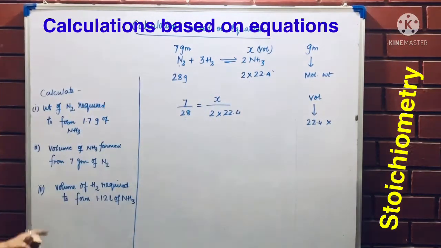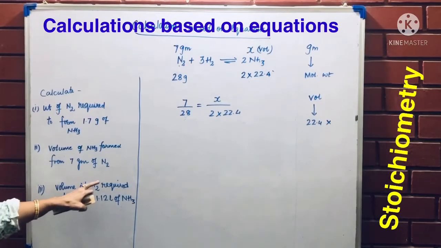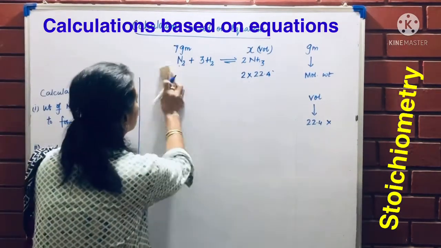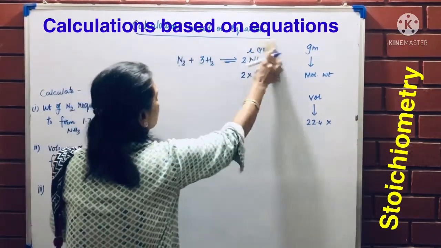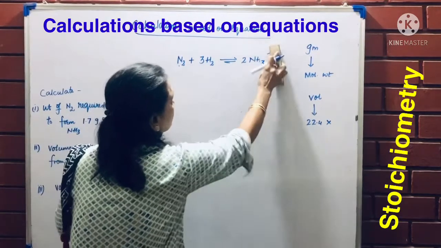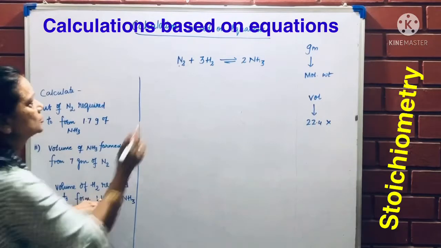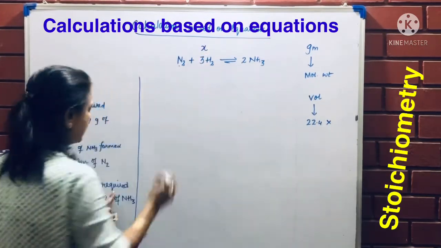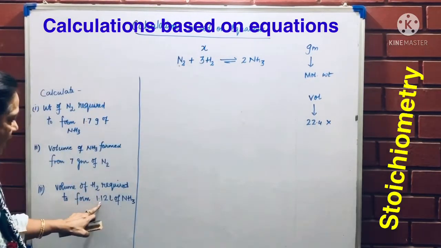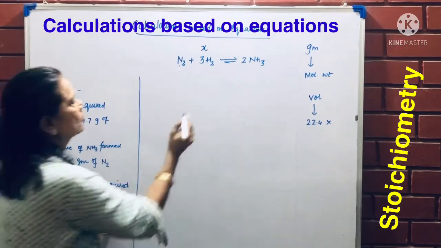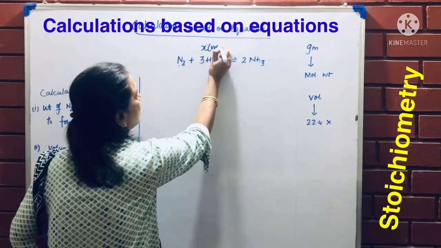The third one, calculate the volume of hydrogen. So calculate the volume of hydrogen required. I am writing here X. To form 1.12 liters of ammonia. This is volume asked.